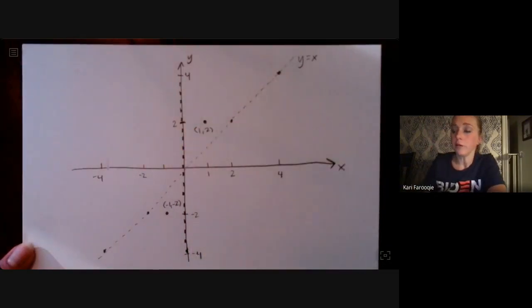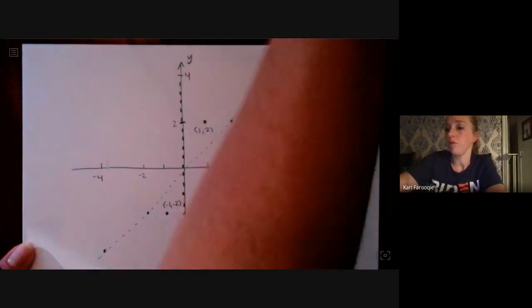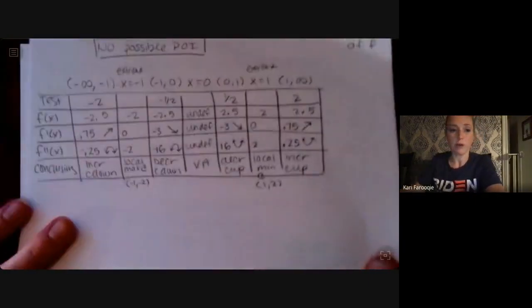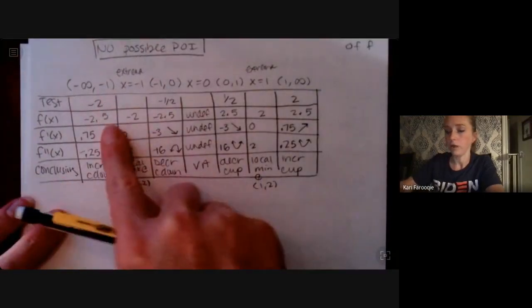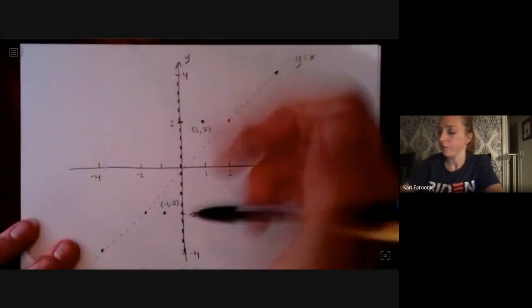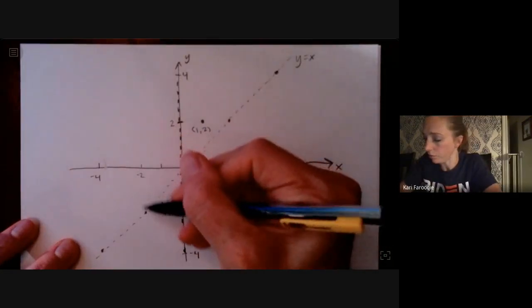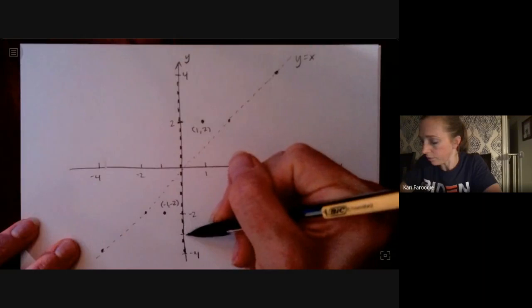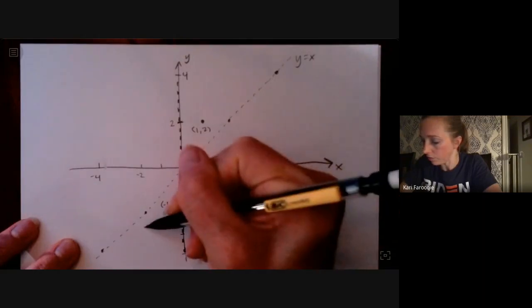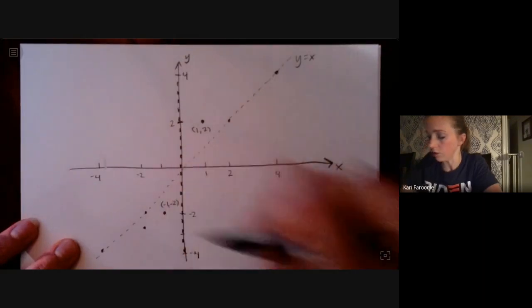If you'd like, you can graph some of these intermediate points that we found in the chart. That's kind of why we evaluated the function there. We have a point at -2, -2.5. So at -2, -2.5. That's -3. This is about -2.5. You have a point right here.